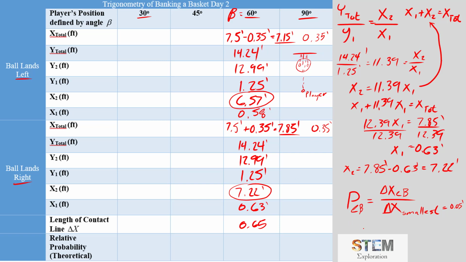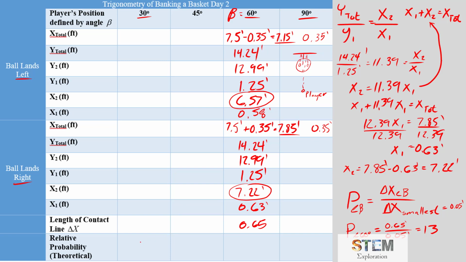And so the theoretical argument would be the probability of banking a basket at 60 degrees, if it was based off of the smallest position, would look something like this, where you have the 0.65 feet and you divide that by the area of the smaller position. And if you look at this closely and you simplify it out, you will see that this equals 13.